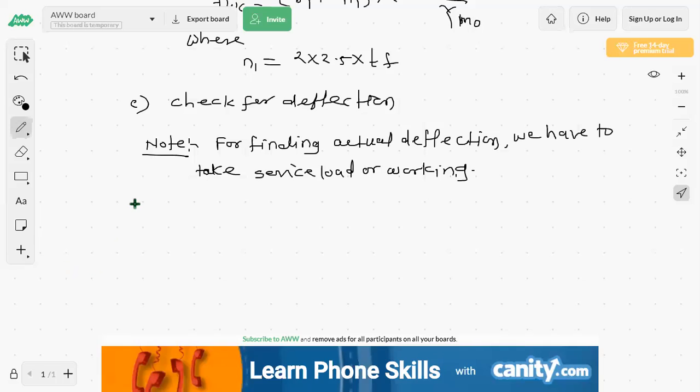So now we have to calculate the deflection. Number one, for central point load, how to calculate deflection? For central point load, delta actual is equal to... anyone can tell me what is the deflection for central point load?